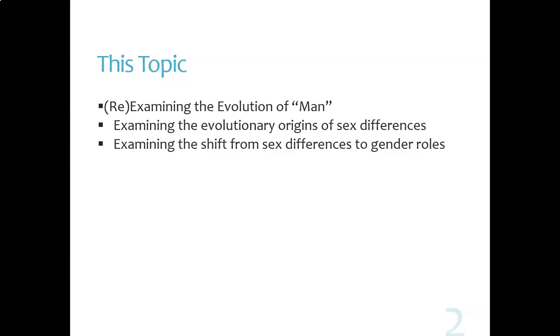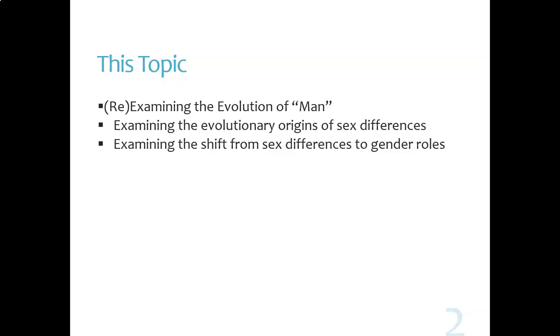So this week's topic, we're actually going to be dealing with two separate topics, but I think that they're related. And the first one is looking at kind of two major pieces. First, as it states here, the evolutionary origins for the sex differences. So why do we see the differences that we do in the biological sexes of our species?